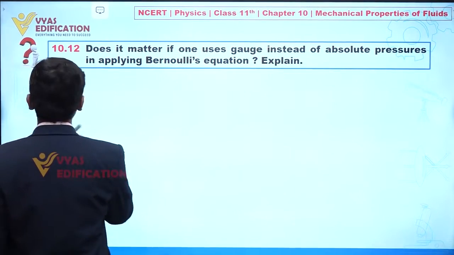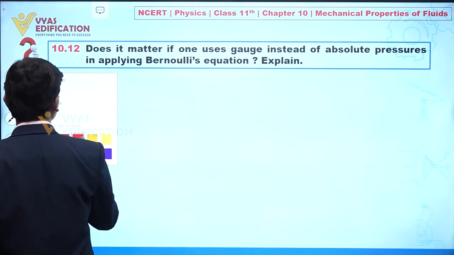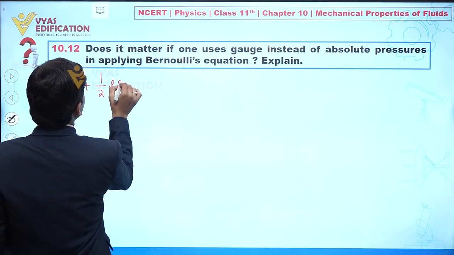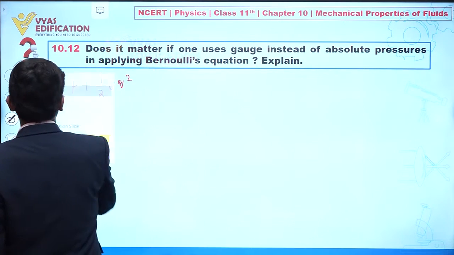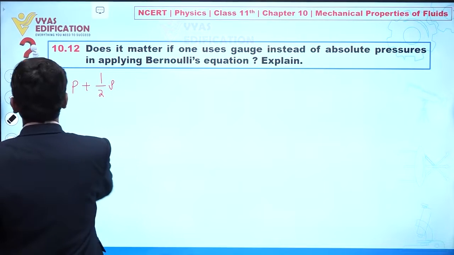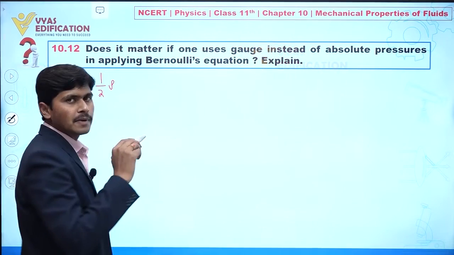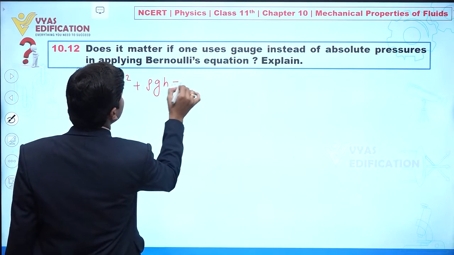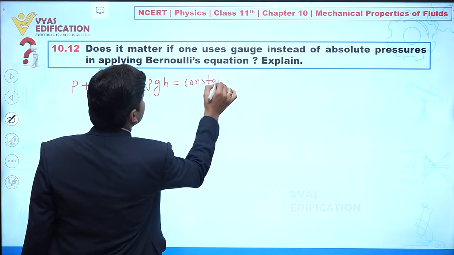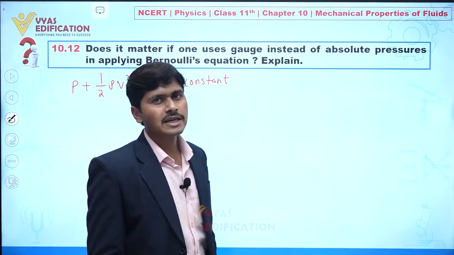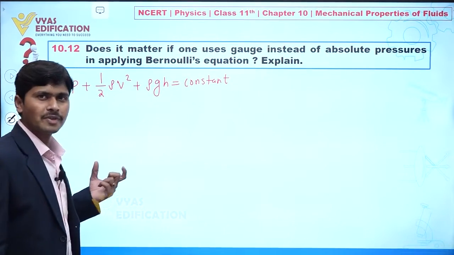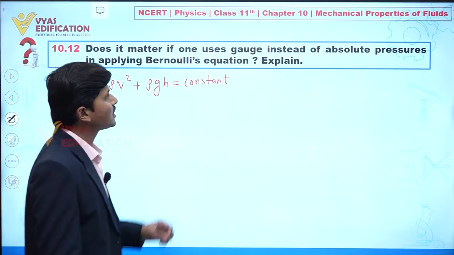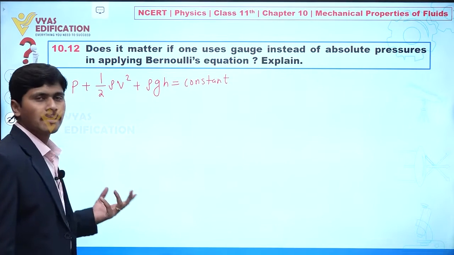The Bernoulli equation is given by P plus 1 by 2 rho V square plus rho gh, this should be equal to constant. Clear? So this is the Bernoulli equation, and we can say actually this is energy per unit volume. Clear to you? Now in this question it is given, does it matter if one uses gauge instead of absolute pressure in applying the Bernoulli equation?